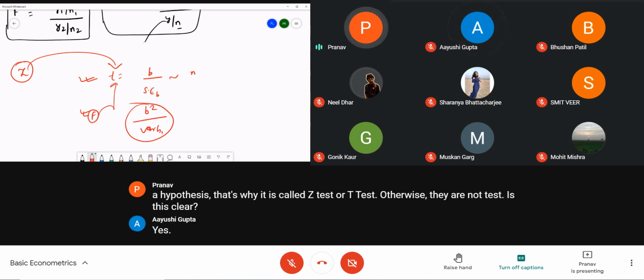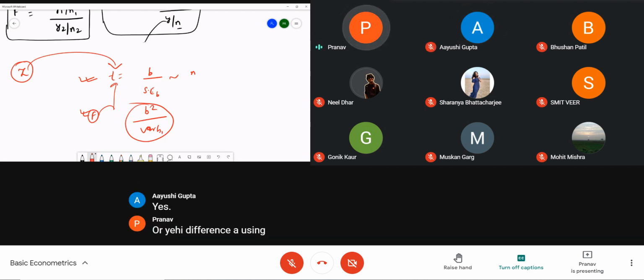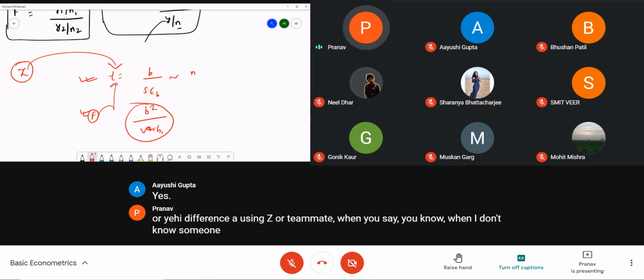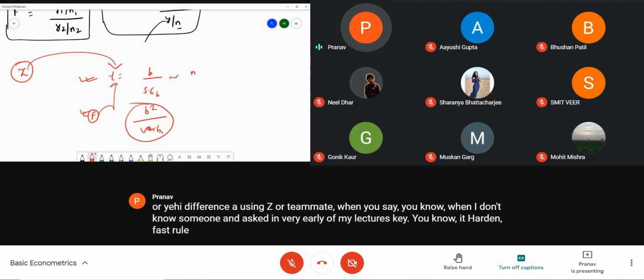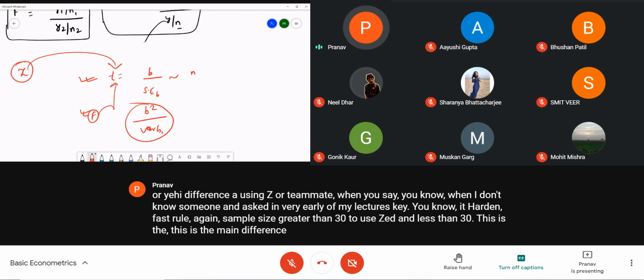Yes, sir. And this is the difference in using Z or T. Someone had asked in one of my earlier lectures that there is a hard and fast rule that if the sample size is greater than 30 you use Z, and if less than 30 you use T. This is the main difference between Z and T statistic.